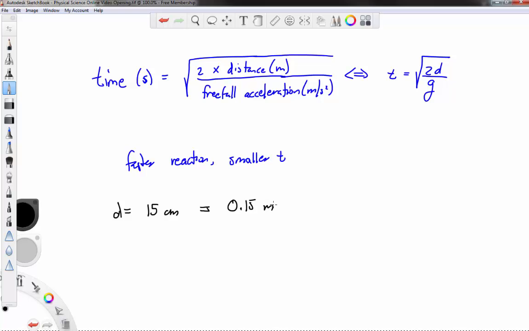Reason why we need to do this is because this says that the distance should be in meters. So t in this case is going to be the square root of 2 times d, which would be 0.15 meters, divided by free fall acceleration, which is 9.8 meters per second squared.